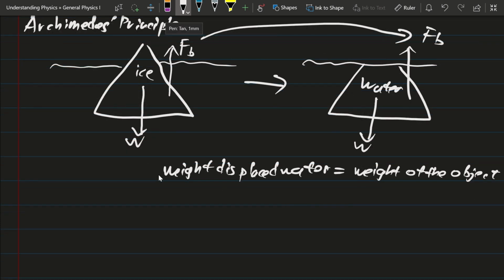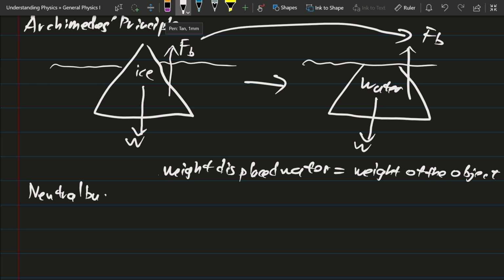So now I want to discuss a little bit about the buoyancy itself. You might know an object to be sinking or an object to be floating. But what happens if the object is in between those two? That's the idea of neutral buoyancy.